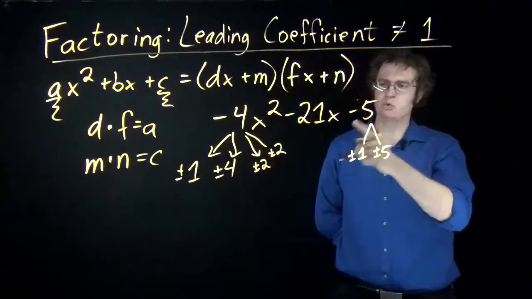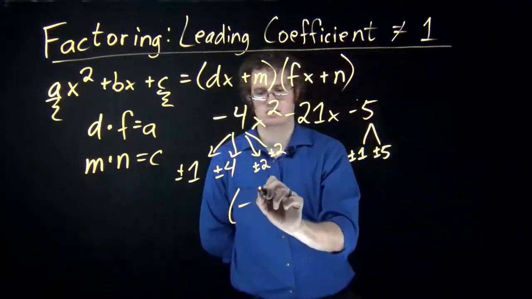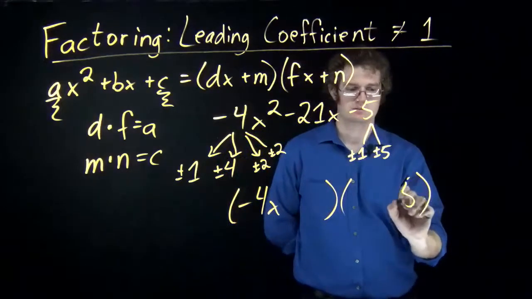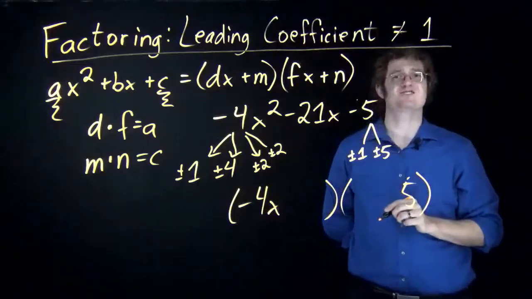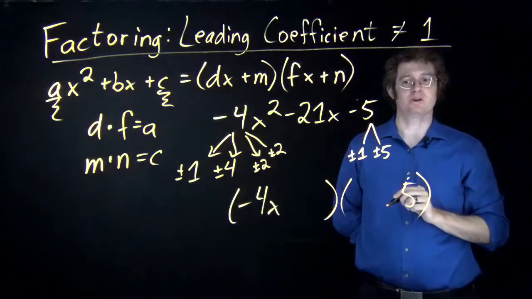So we can do this by looking and saying, what if I try something like this? Maybe minus 4x and 5. That gets me minus 20x. Well, if I have minus 20x, I'm almost all the way to minus 21.